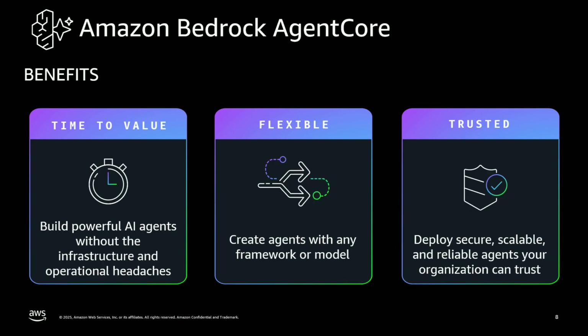Before we move forward, let's briefly talk about the value. The first value is really time to value, because now you no longer have to worry about operating the infrastructure that powers your agentic system. You are laser focused on developing your agentic system, your code, and the business logic solving your customer's problem or your organization's problem.